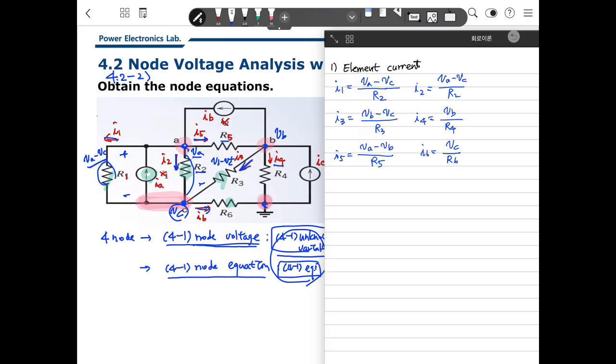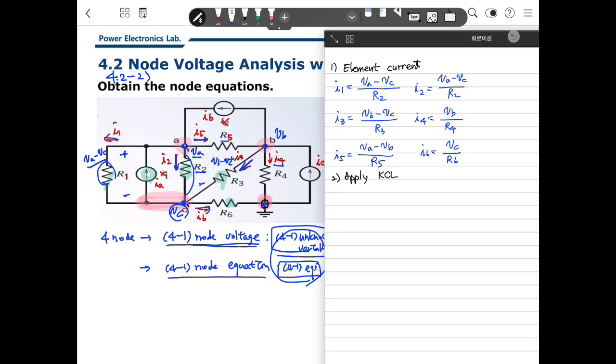Then the second thing is to apply KCL, because there are 3 nodes, actually 4 nodes, but 1 node is a reference node, so we don't care about that. So we apply KCL to the other 3 nodes.